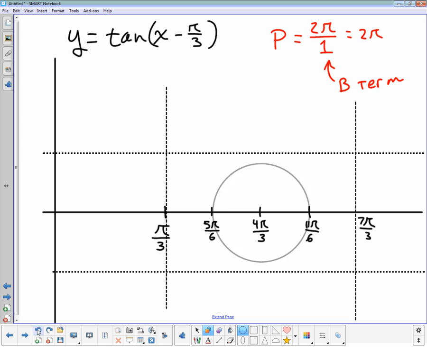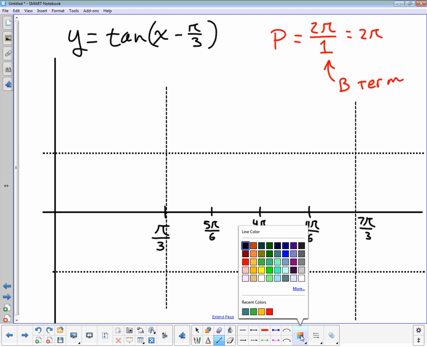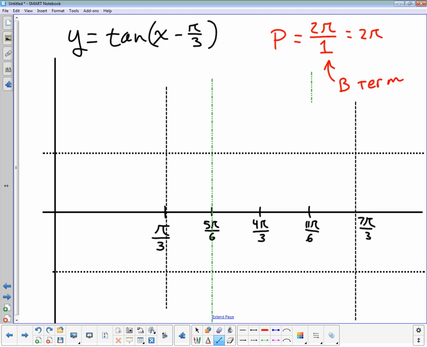I was close. Good. So I am undefined at those two places. I want to be a little thinner, and I'll use a pretty color. That's where I'm undefined. Okay?